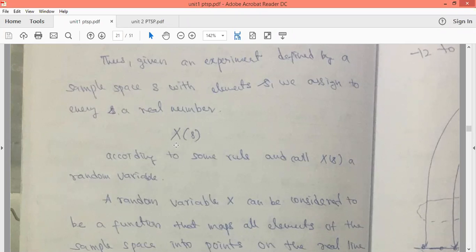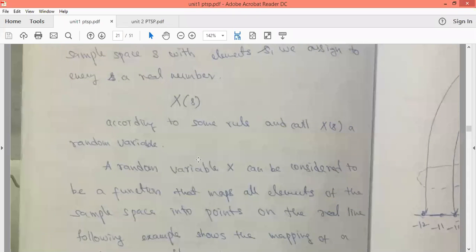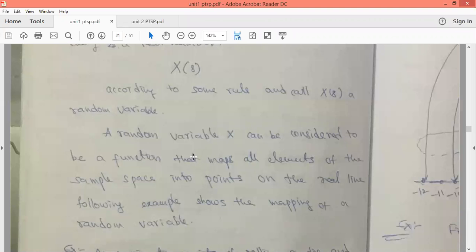So a random variable is a function that maps all the elements of the sample space into points on the real line. You have some outcomes, and all outcomes are mapped to points on the real line. That is called a random variable.